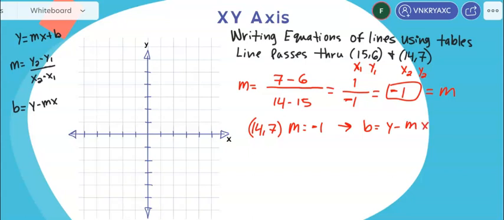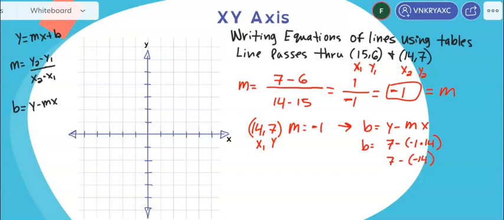So this is our y and this is our x. So b is equal to 7 minus negative 1 times 14. So 7 minus, you say negative 1 times 14 is negative 14.